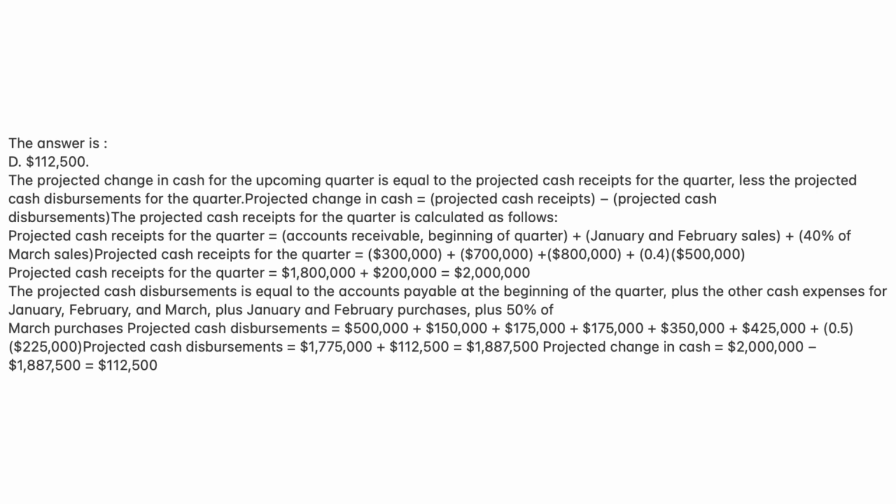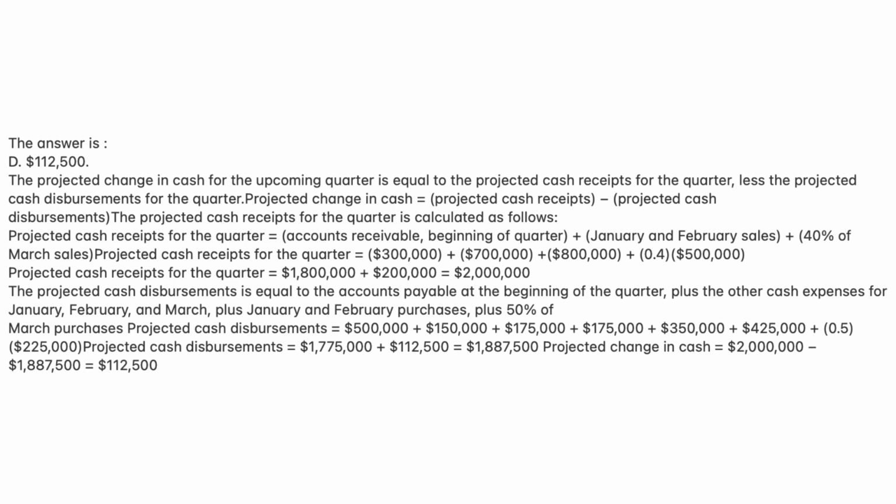Projected cash receipts for the quarter equals $300,000, plus $700,000, plus $800,000, plus 0.4 times $500,000. Projected cash receipts for the quarter equals $1,800,000 plus $200,000 equals $2 million.